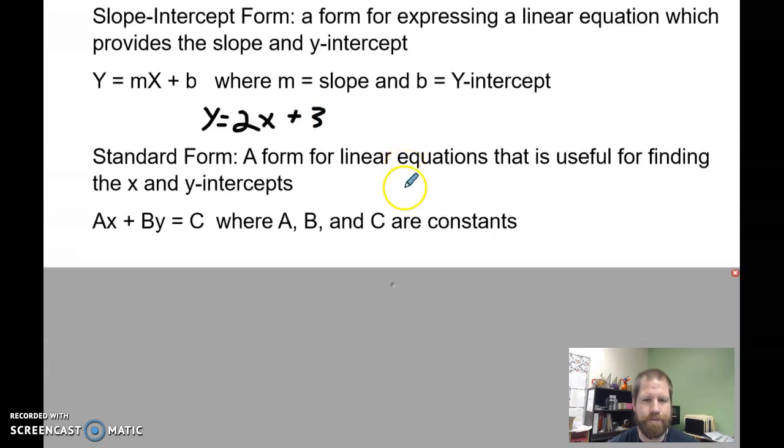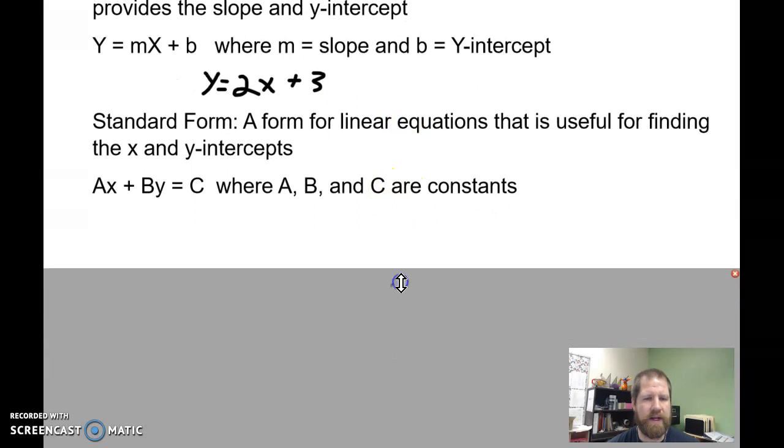All right, the last vocabulary is standard form, and this is another form for linear equations. It has the form ax plus by equals c, where a, b, and c are constants, so those are just numbers. So we could have 3x plus 2y equals 18.